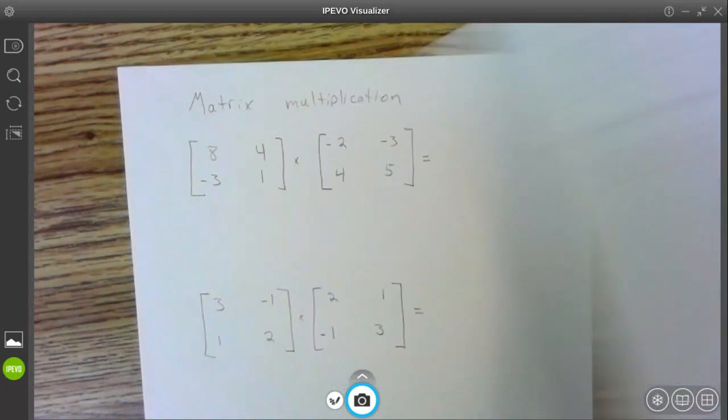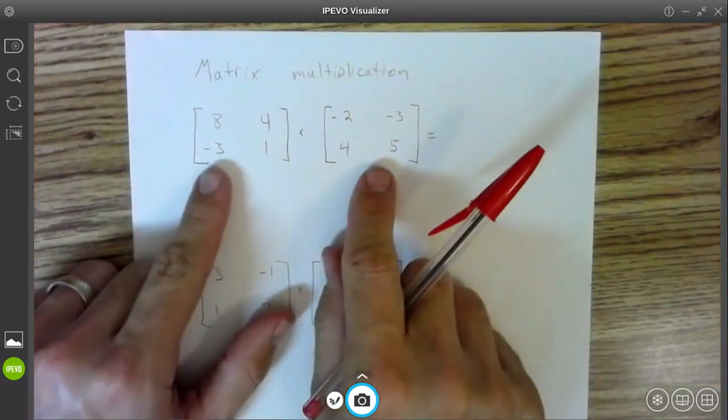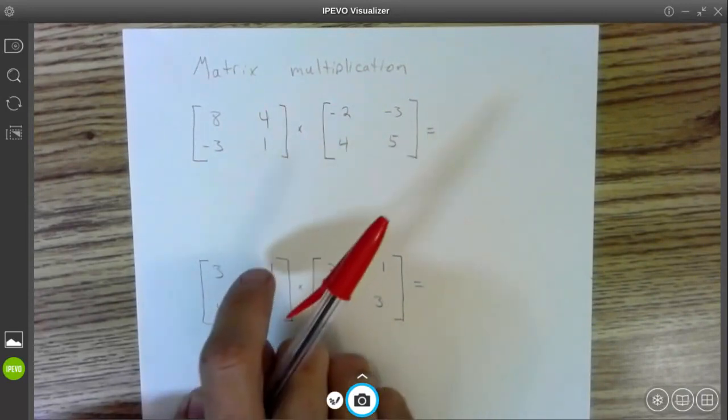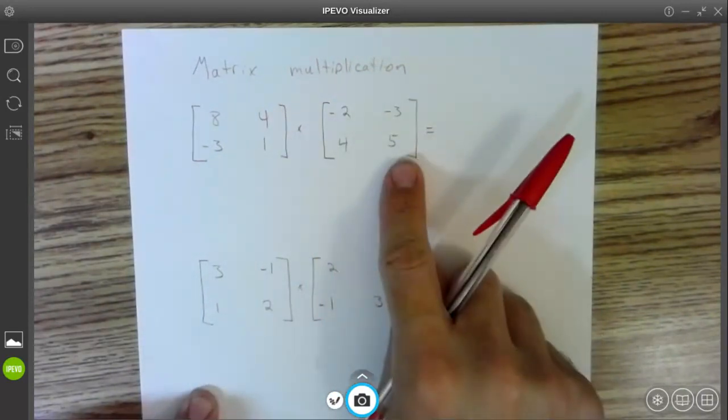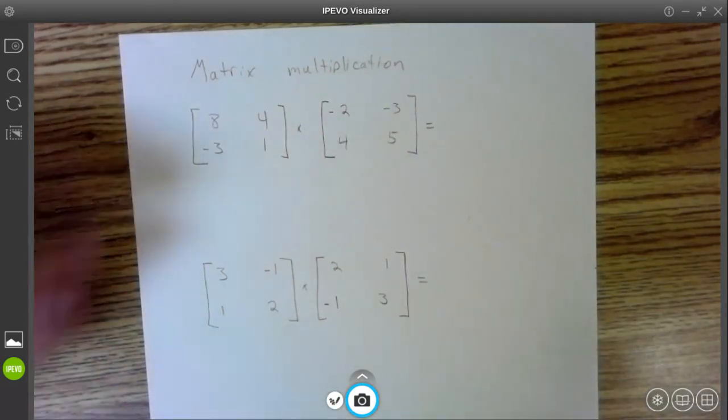Anyway, here we go. Matrix multiplication. These are both 2 by 2 matrices. They have 2 rows, and they each have 2 columns. Now to multiply them, we're going to be doing that dot product thing twice.